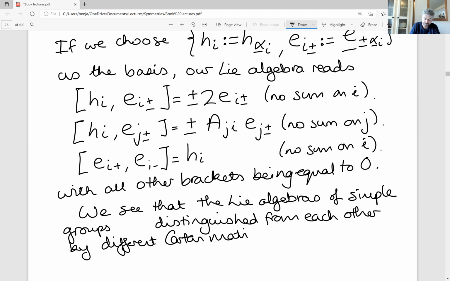So this has 2 steps. Firstly, we classify all Cartan matrices. And secondly, show that the Cartan matrix uniquely determines each Lie algebra.